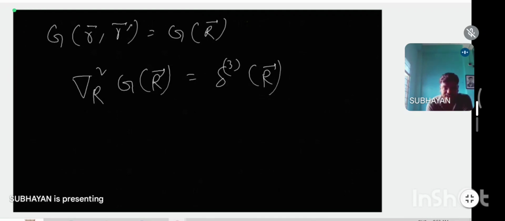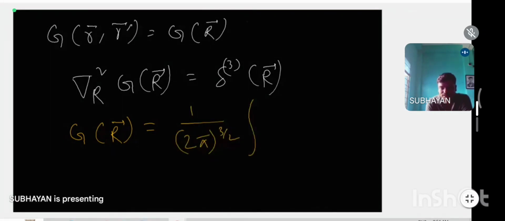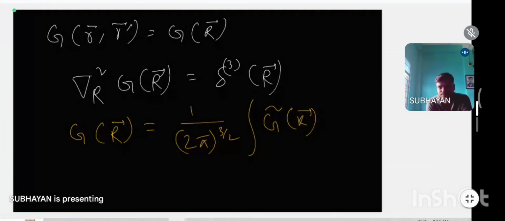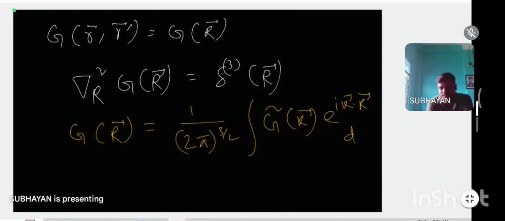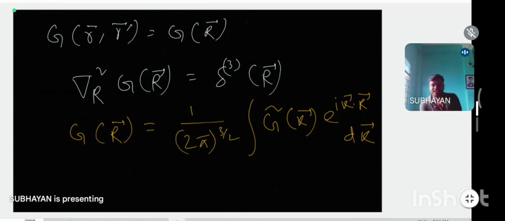Now you have to make the Fourier transformation of G(R), or you can write G(R) in terms of the Fourier transform. So in 3D, G(R) is equal to 1 by (2 pi) to the power 3 half, integral of G tilde of k e to the power i k dot R d cube k. It is a volume integration, so d k vector. So G tilde k is the Fourier transform of G(R).